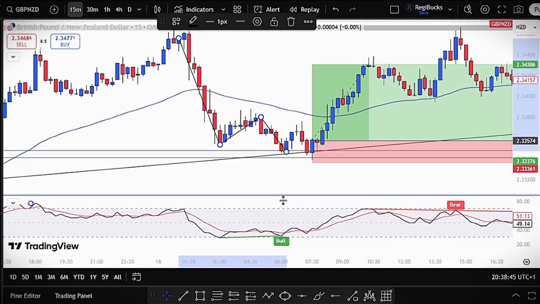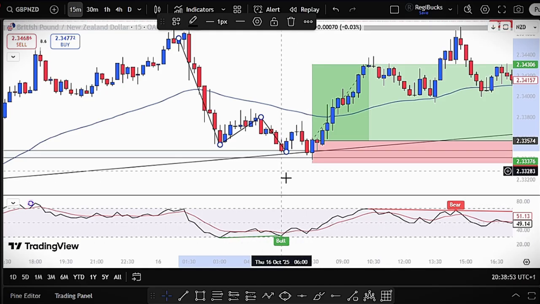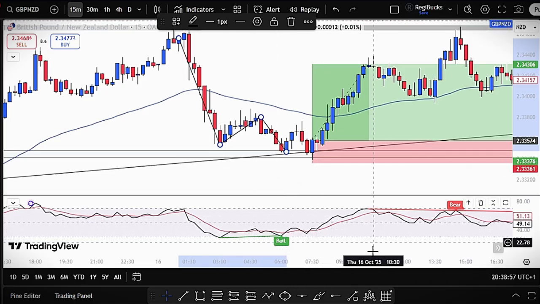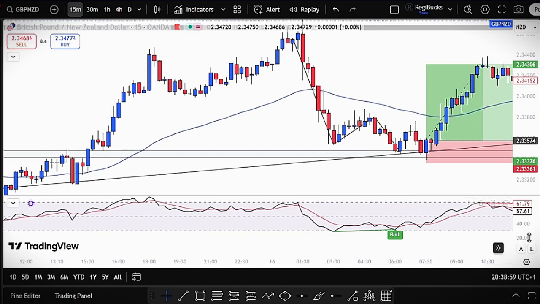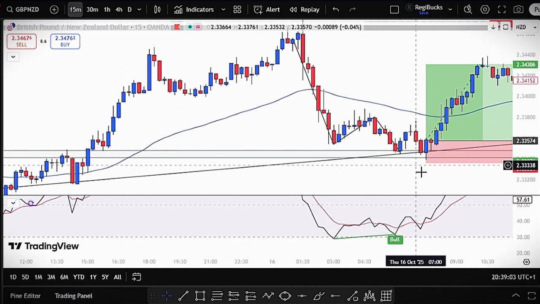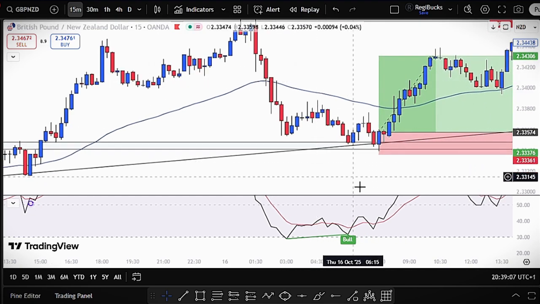So at this point, we had a bullish divergence, and after a bullish divergence, it basically means that you should buy. That's just what happens. So we had the bullish divergence, and as you can see here, the RSI was making a higher high, while price was making a lower low. And again, this is another chart pattern secret I want to tell you.